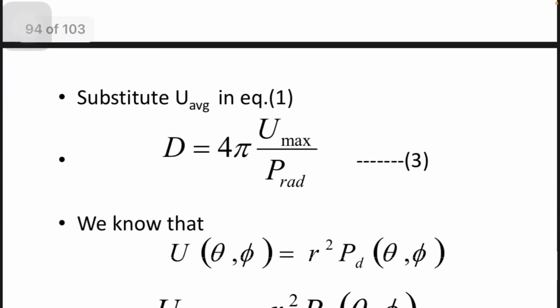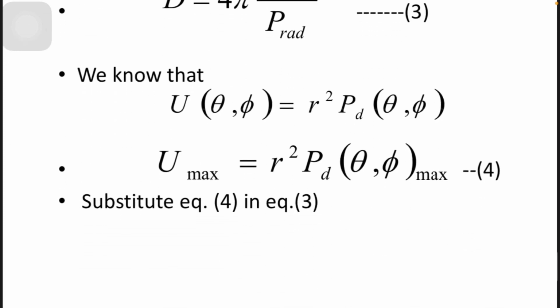Substitute U average in equation 1. D equals 4 pi U max by P radial, that is the third equation. We know that U(theta, phi) equals R squared Pd(theta, phi). U max equals R squared Pd(theta, phi) max, that is equation 4. Substitute equation 4 in equation 3.